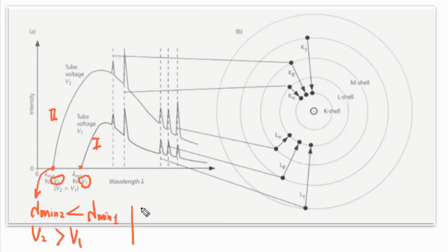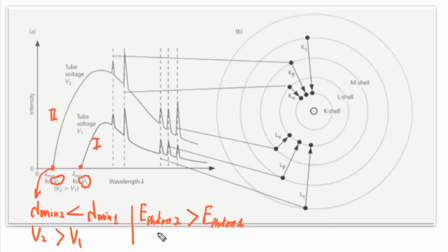We can also say the energy of a photon in the second curve is greater than the energy of a photon produced by V1. So this photon has high energy and this photon has low energy, because the potential difference here is greater than this one.